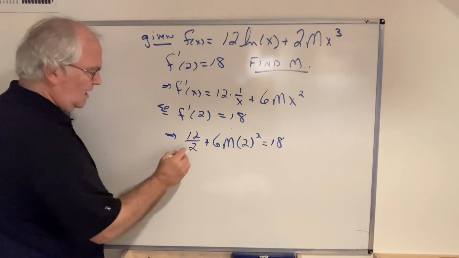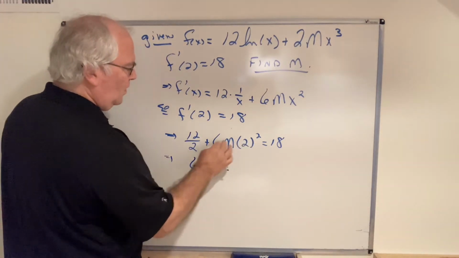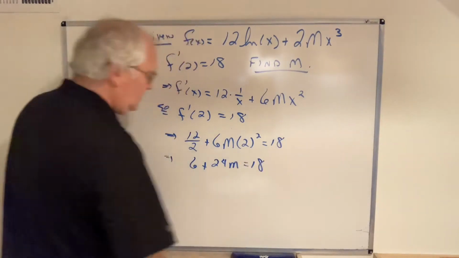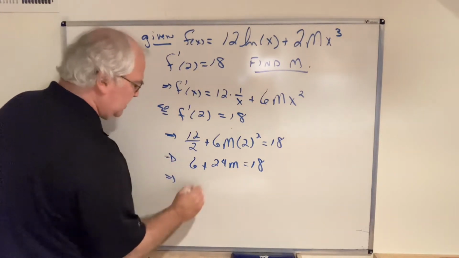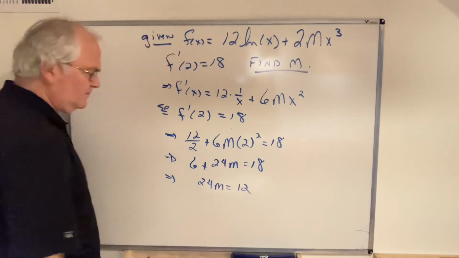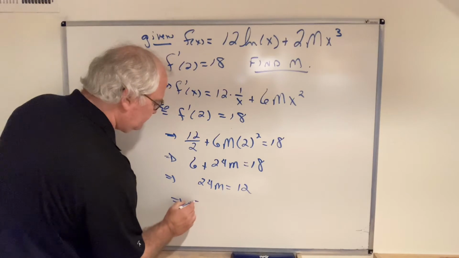So that's 6 plus 4 times 6m, which is 24m. And what do we have out of that? So that implies, subtract the 6 across, 24m is equal to 12. And so that implies m is equal to 1/2.